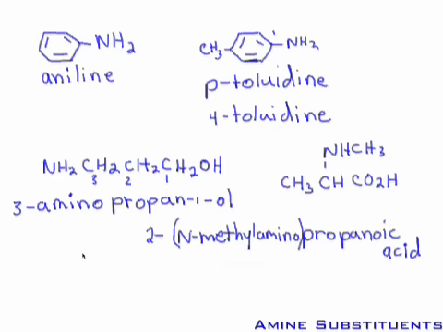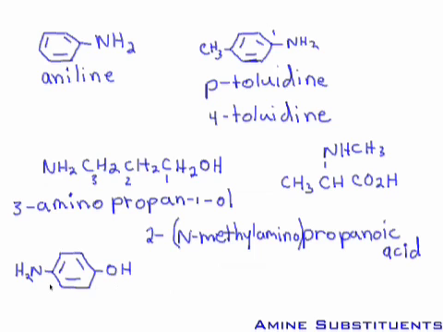And of course, if there's more than one specialized name, you pick the specialized name as the root that has the highest priority group in it. For example, in this case, if I use the NH2 in the root, the specialized name is aniline. If I use the OH in the root, the specialized name is phenol.